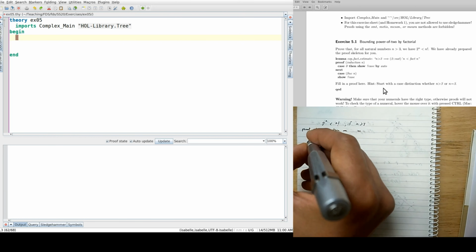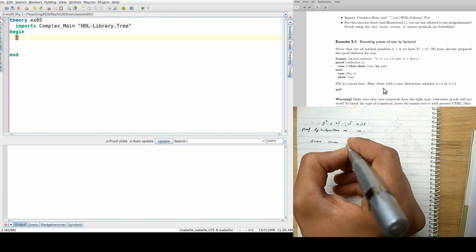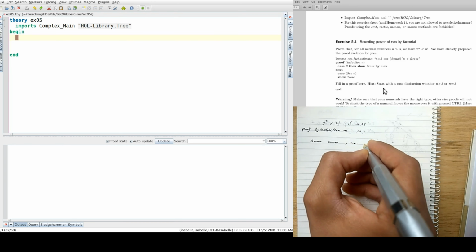we have 2 cases. The base case, which is when n equals 0. In the base case, in other words when n equals 0, you basically substitute all occurrences of n in the statement you want to prove with 0.